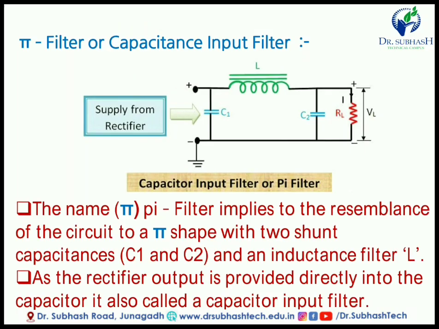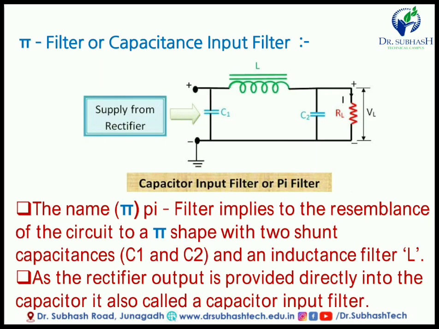But why is it called a pi filter? The filter shape is like the letter pi. The design of this filter is the same as the shape of pi, so it is known as pi filter. So friends, you have to remember the shape of pi. Pi is a symbol, and the components are connected like pi, so it is known as pi filter.